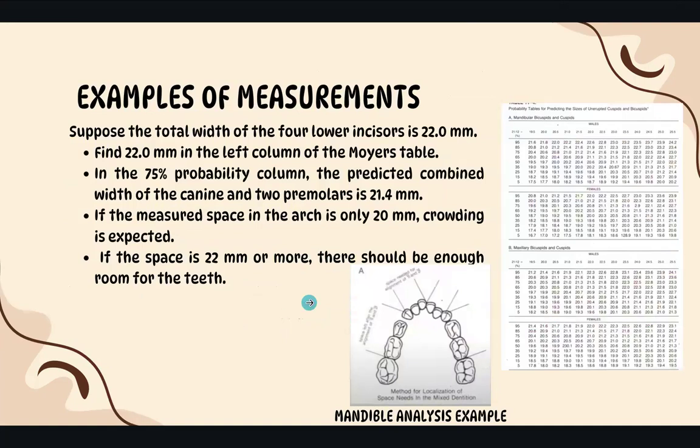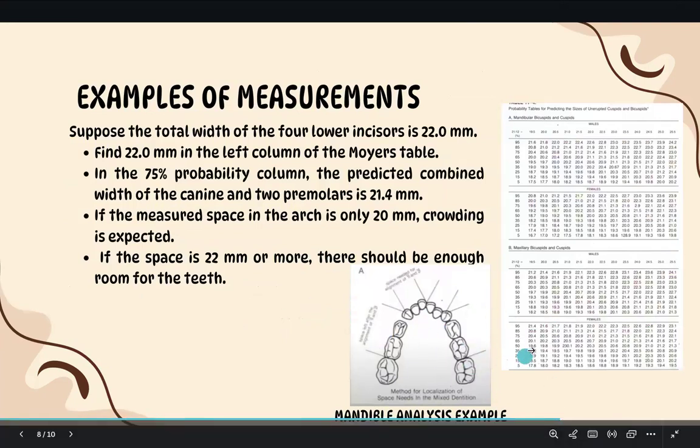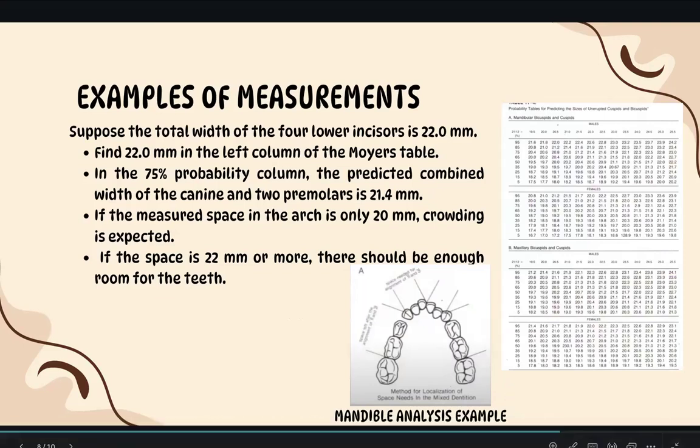And here is the example of the measurement. This is the example for mandible analysis. So to illustrate, let's see this example. If the combined width of a child's four lower incisors measures 22 millimeters, the dentist would locate this value in the appropriate column of the Moyer probability table.